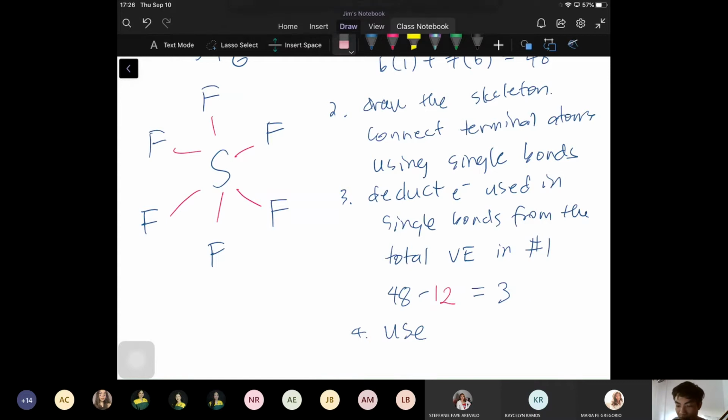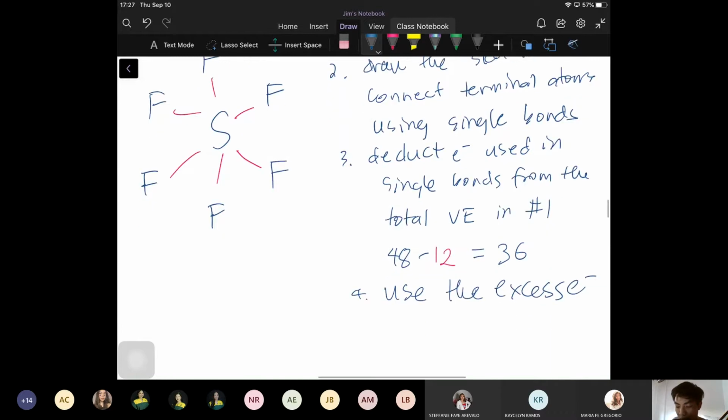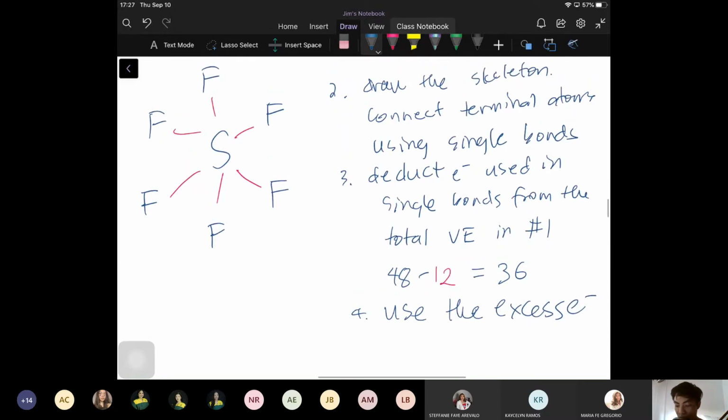So, 36. Okay. So, ano gagawin mo sa sobra? Yung gagawin mo dito sa sobrang 36 electrons, use them. Use the excess electrons to make lone pairs.